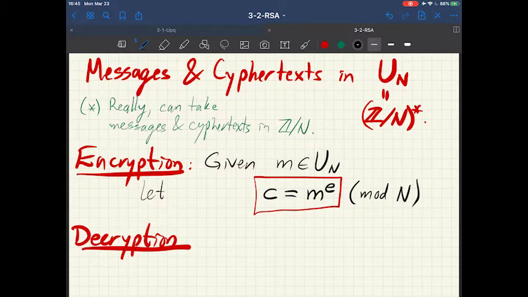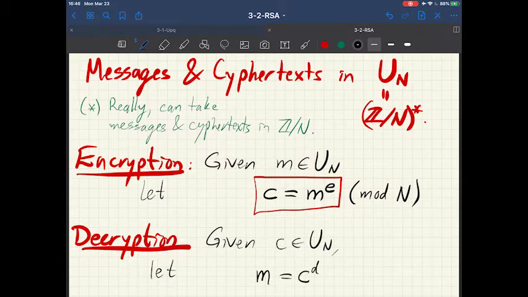The decryption to recover back your message is given c. You get back m as c raised to the decryption exponent, again using arithmetic modulo n. So that's how you decrypt in RSA.